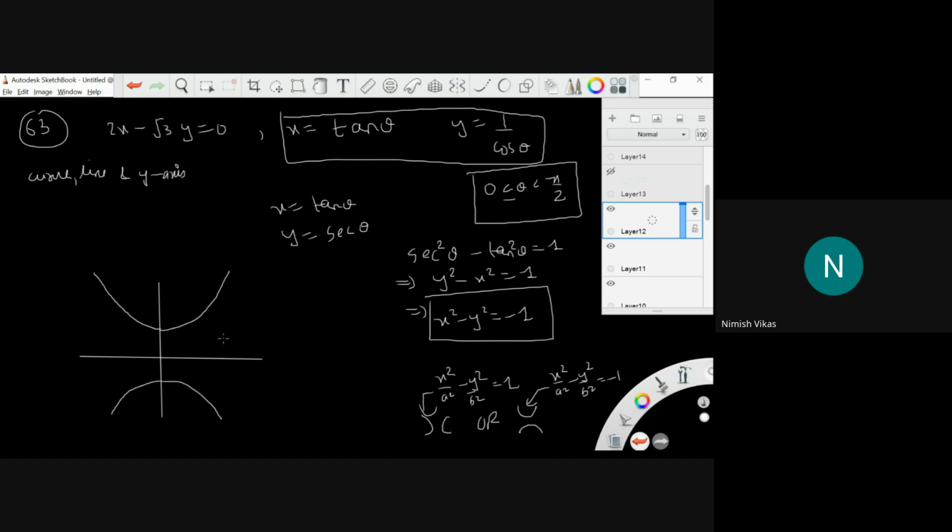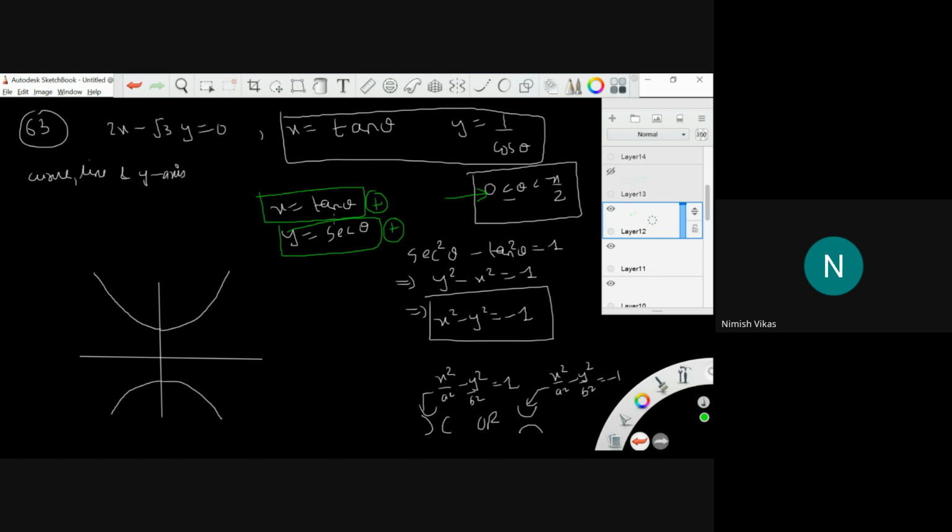But also, theta is given to us as 0 to pi by 2, right? Also focus on theta. If theta is 0 to pi by 2, x is tan theta, so x is positive. y is secant theta, so y is also positive. Theta is from 0 to 90 degrees, so it's in the first quadrant.